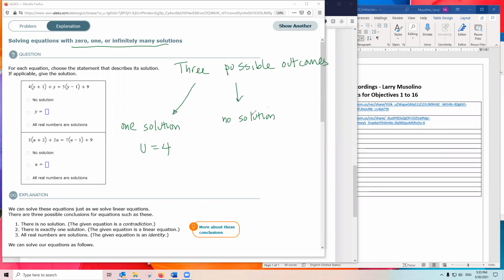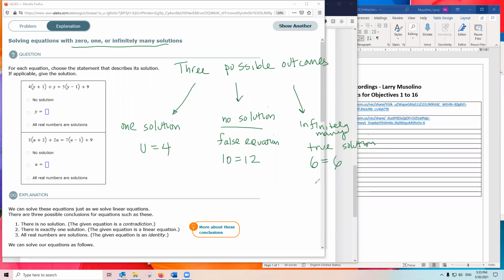That will happen when, as you're solving the equation, you end up with a false equation like 10 equals 12. Well, 10 equals 12 is a false equation. That would tell you there's no solution. The other possibility is there could be infinitely many solutions. You'll know that if you end up with a true solution like 6 equals 6.